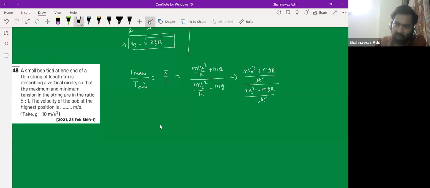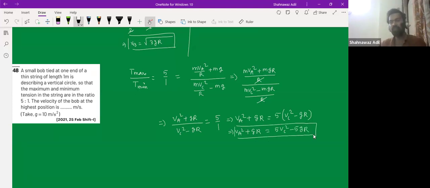So VA square plus gR divided by VC square minus gR is equal to 5 by 1, right? So the equation we have is VA square plus gR equals 5 times VC square minus gR. So we have VA square minus 5 VC square equals minus 6gR.